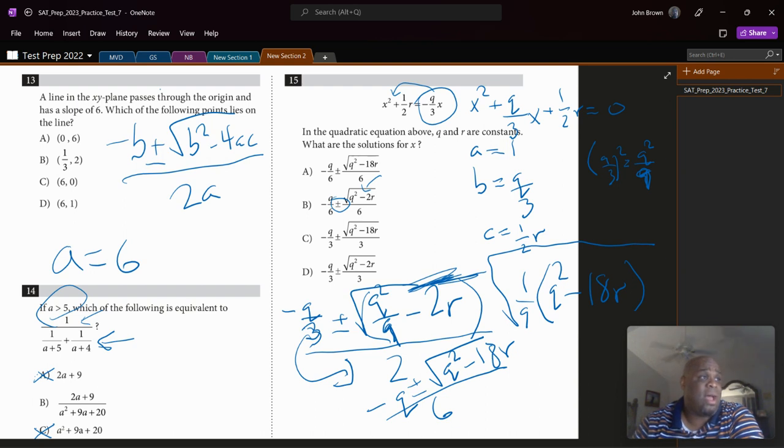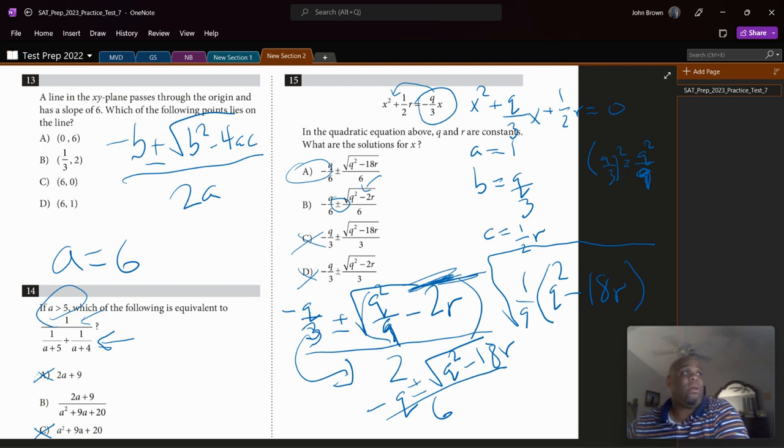So again, I ruled out C and D because I knew that it had something to do with something over 6. And then I knew that I was going to have to pull out a 1/9. So I didn't even have to finish that calculation. I knew immediately that it was going to be A. It's going to be Q squared minus 18R over 6 there.